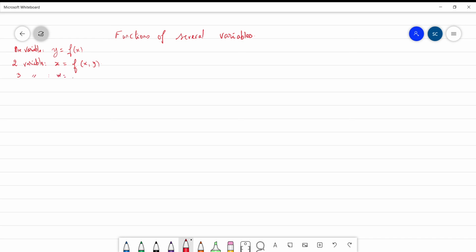Let's call it w = f(x, y, z), etc. So there will be a relation that expresses a variable with respect to other variables x1, x2, ..., xn. This is what we are interested in: how we can get maximum information from these relations, as we did for functions of one variable.